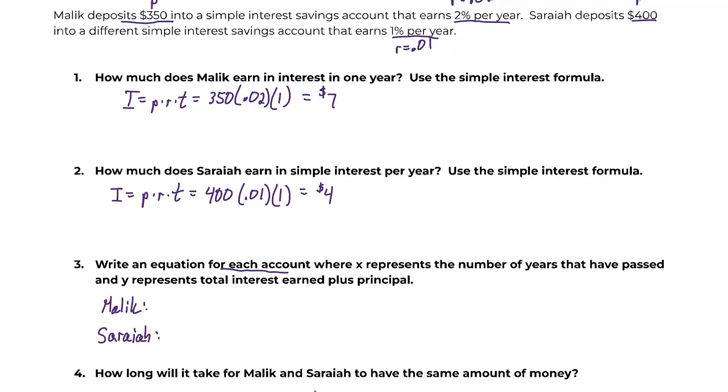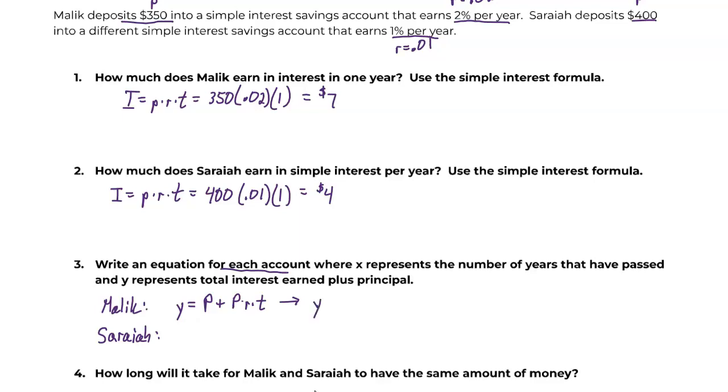All right, for Malik, we're told to use the letter Y to be the amount of money in his account. That amount of money will be equal to the principal that he begins with plus the interest that's earned on that account as time goes by. And the interest formula is P times R times T. But we can do better than that. We're told to use the letter X in here, and we also have some numbers that we know from Malik.